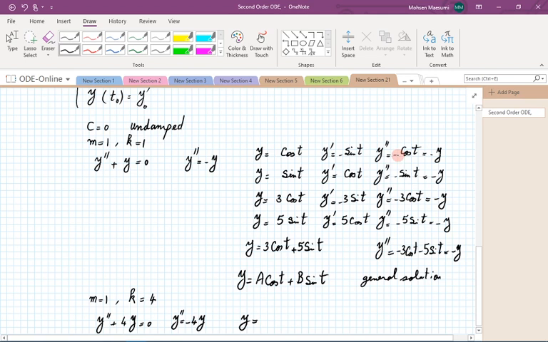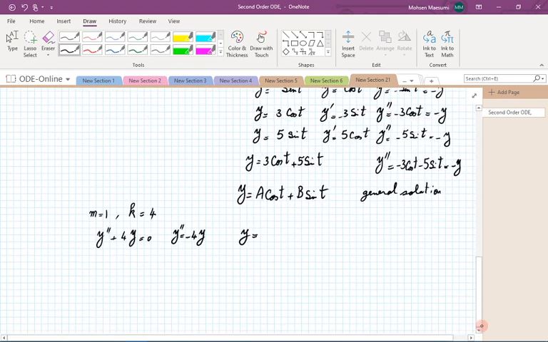So if I want to have a 4 here, I need to have a 2 here, which means I need to have 2t here. So here I need a cosine of 2t and b sine of 2t.